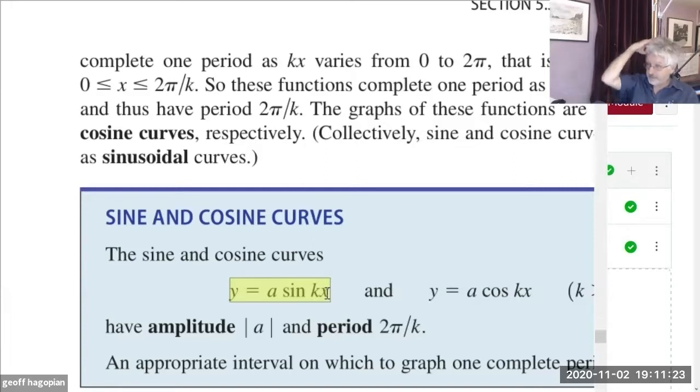Whereas the effect of K is to stretch or shrink horizontally. If K is between 0 and 1, it's the opposite of A. Then x has got to be larger to get you to where you were before. That's one way of thinking of it, and so that's a horizontal stretch. If K is bigger than 1, then you get a horizontal shrink, and that compresses towards the y-axis.